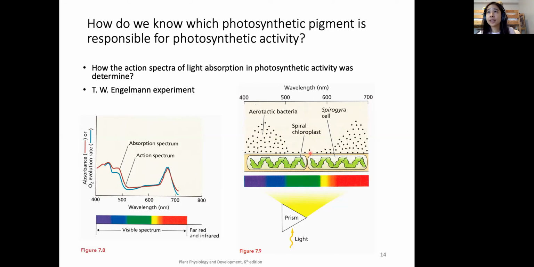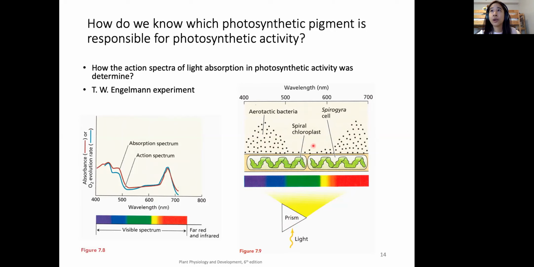He used Spirogyra. Remember, Spirogyra is an algae that has a spiral shaped chloroplast right here, and he shone white light through a prism that split the light into different colors. He placed the Spirogyra here, and next to it he placed aerobic bacteria.